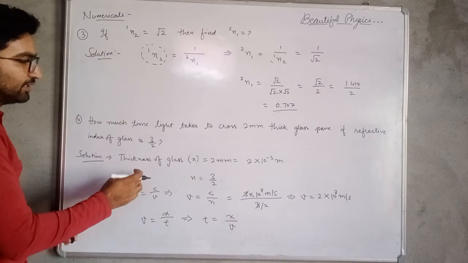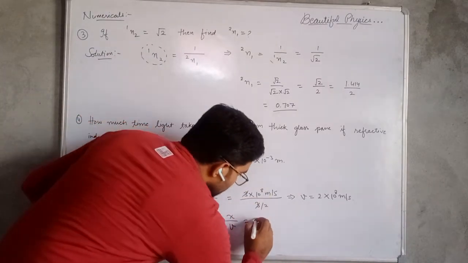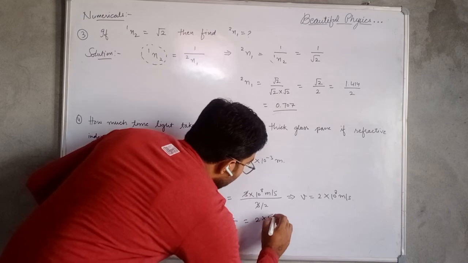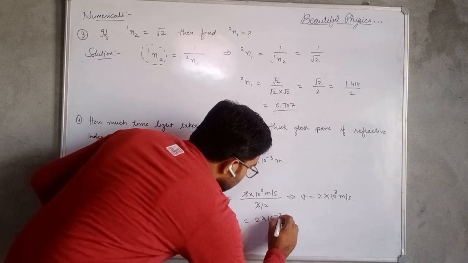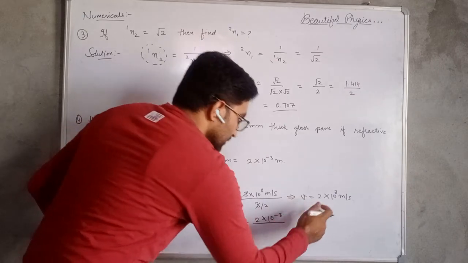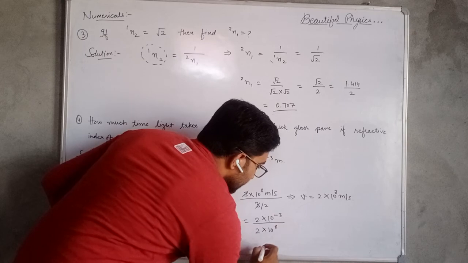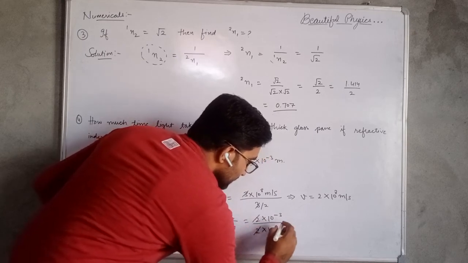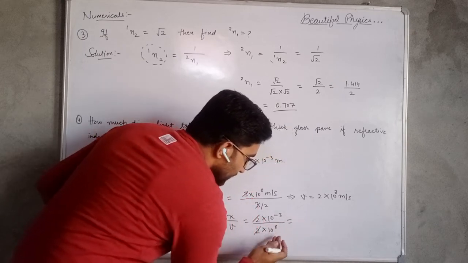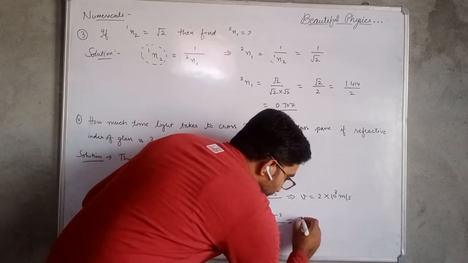Here displacement is equal to the thickness of the glass, so the thickness of glass is 2 into 10 raised to power minus 3 upon velocity 2 into 10 raised to power 8. 2 cancels each other, then this power goes upside, and the power becomes negative.